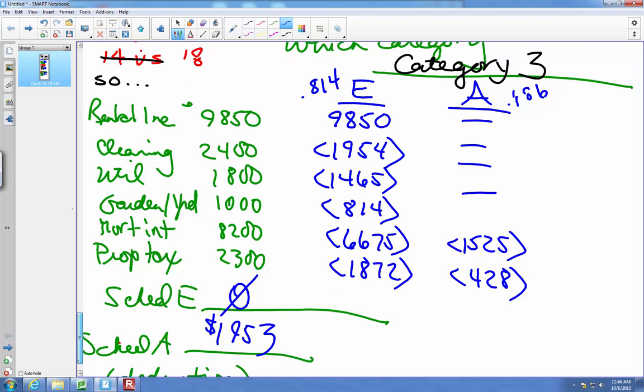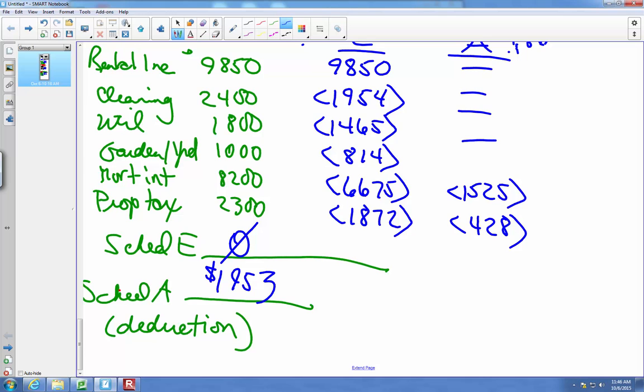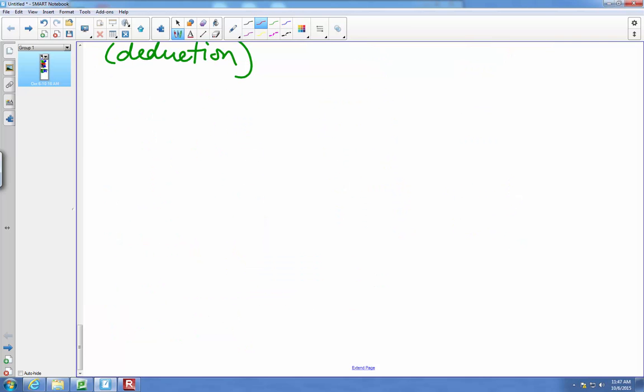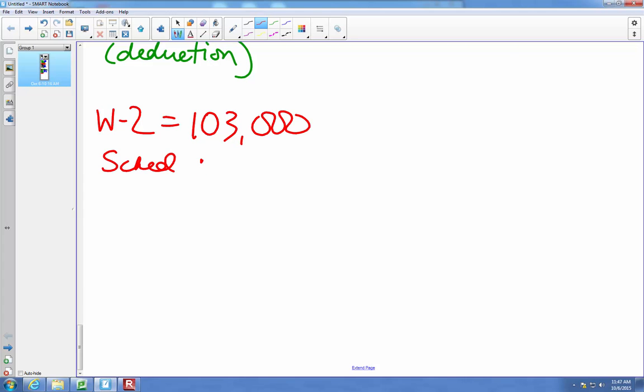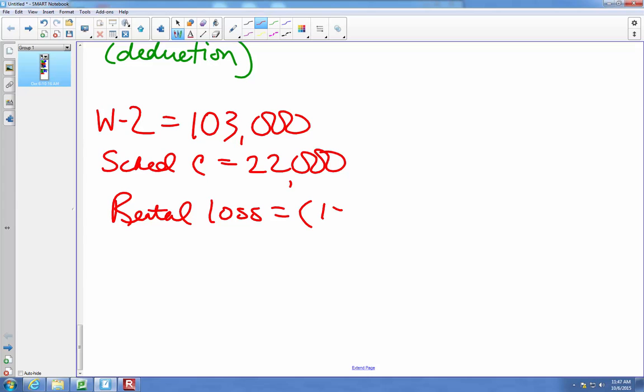Okay, second wrap up. How much do I get of my rental loss?